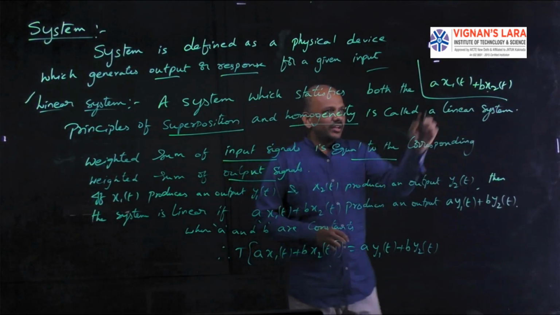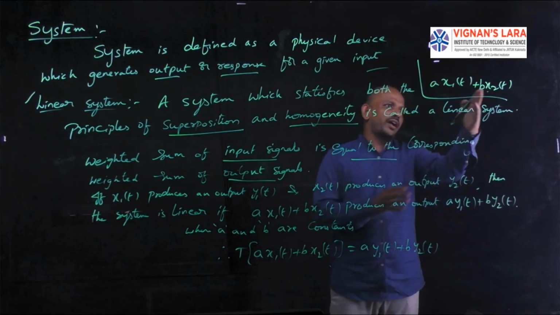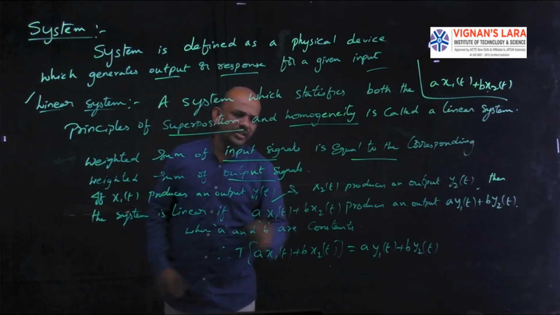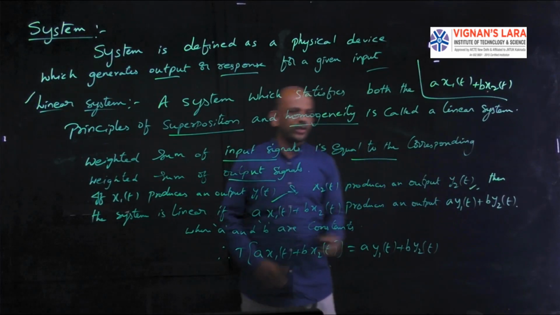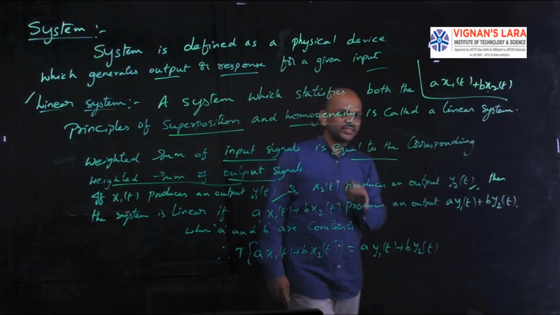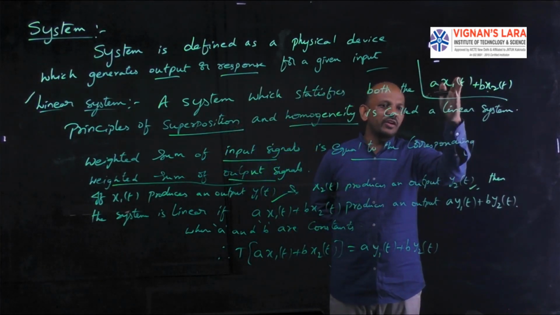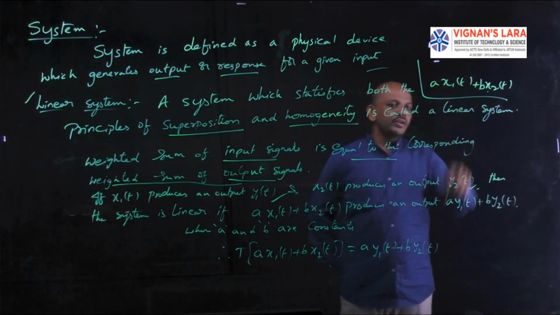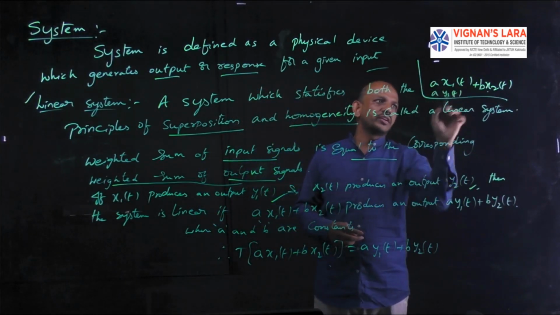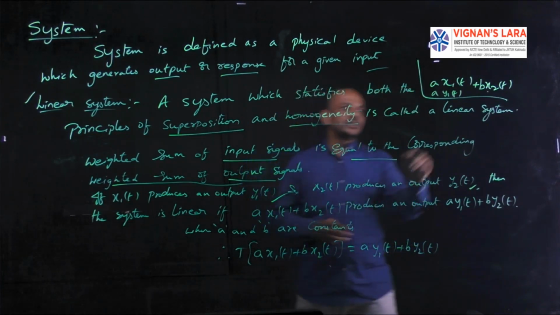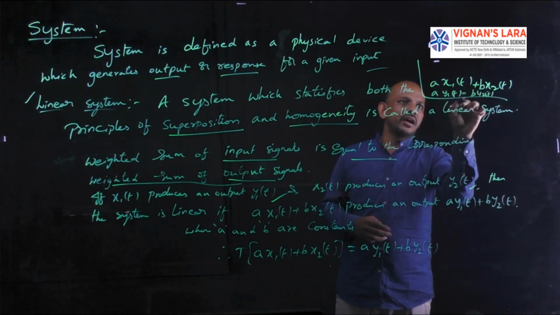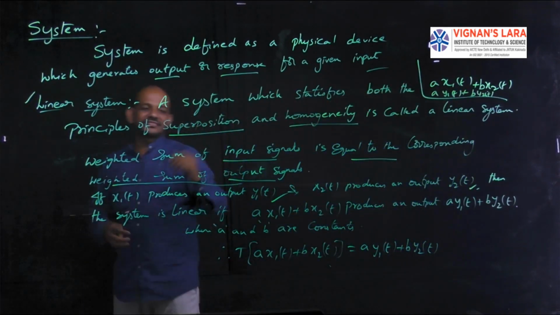If x1 of t produces an output y1 of t and x2 of t produces an output y2 of t, then the weighted outputs are a into y1 of t and b into y2 of t, and if I add those two, that becomes the weighted sum of output signals.